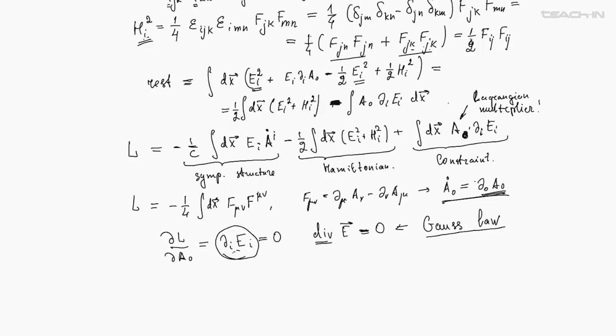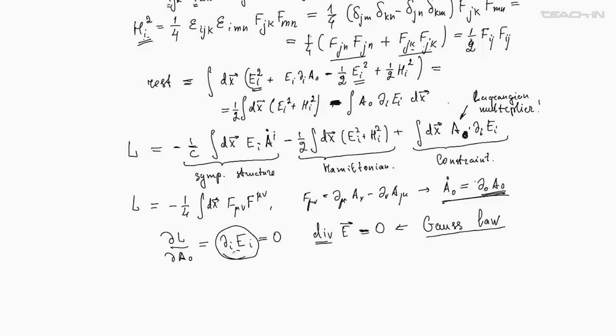Yes, constraint means that the dynamics of this theory happens on the surface where divergence of E is equal to 0. Now, if we have a source term, then di ei is not 0, right? Yes, it will not be 0, but we will see what happens. I will add sources a little bit later. I will show you how this is modified.